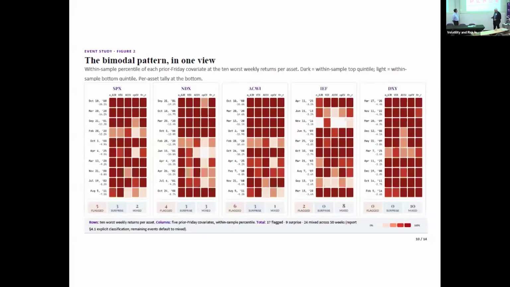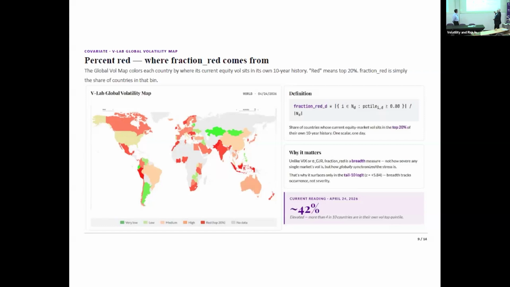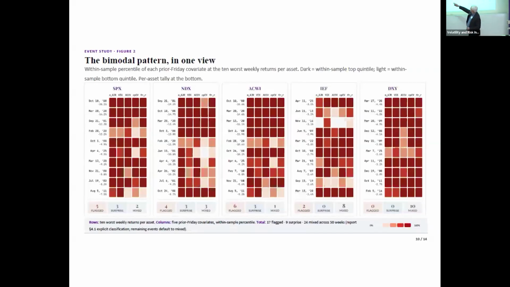So what we decided to do, first of all, was to look at the 10 worst weeks over the last 25 years of each of these 5 indices. And here are the dates of the 10 worst weeks for the S&P, the 10 worst weeks for NASDAQ, ACWI, bonds, and currencies.